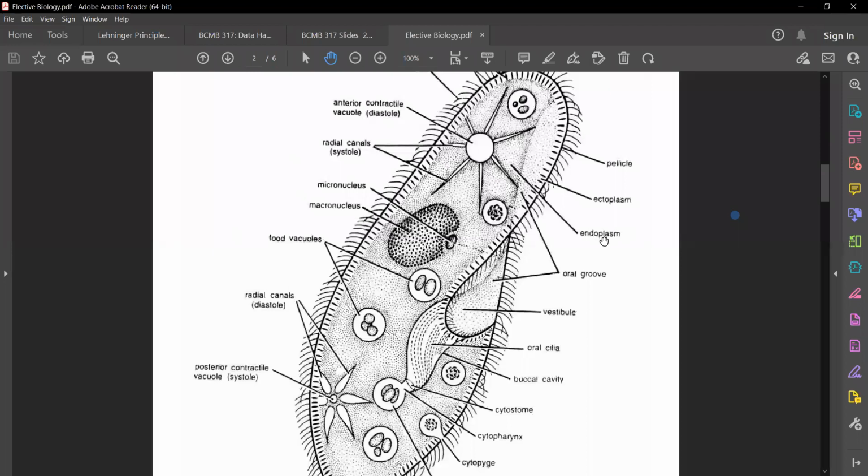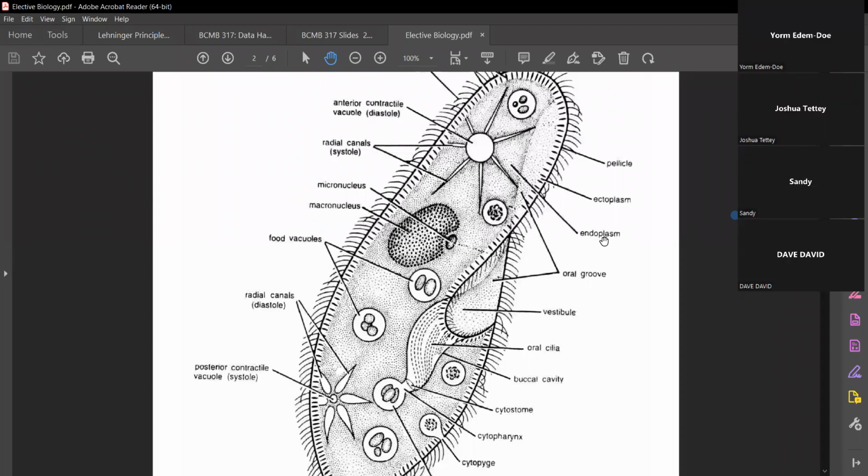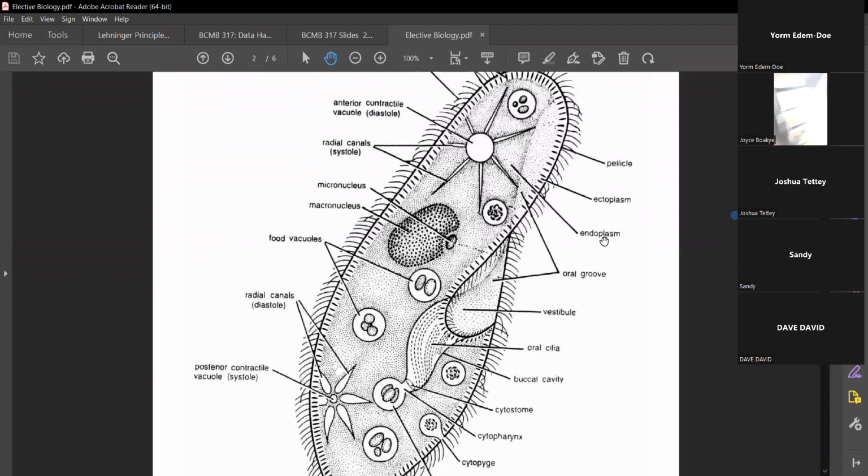What other part? The food vacuole. Okay, that's also correct. Anyone else? All right. Sandy, thank you very much for your contribution.